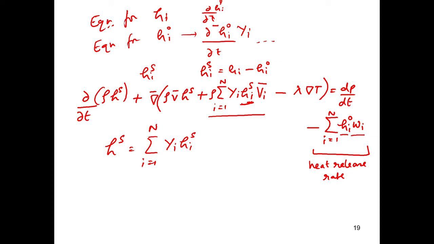So, this is the sensible enthalpy equation that we have derived. This is how you go from the internal energy equation to a sensible enthalpy equation, and I would strongly encourage all of you to just derive this equation yourself. It is not very difficult at all.